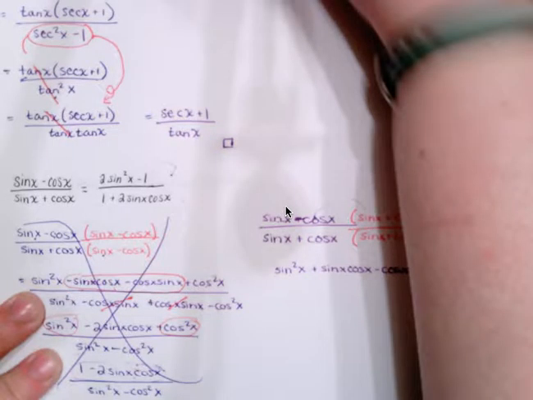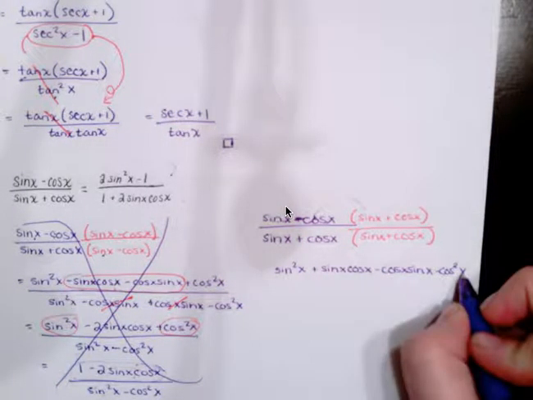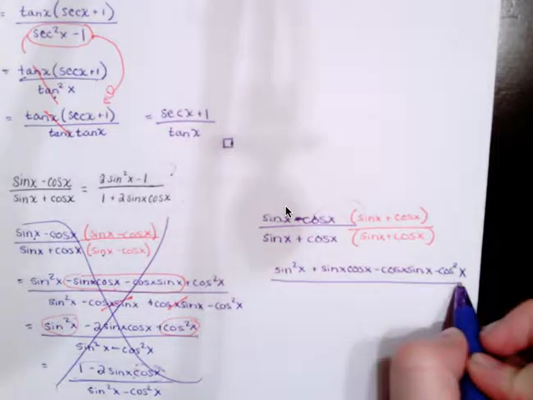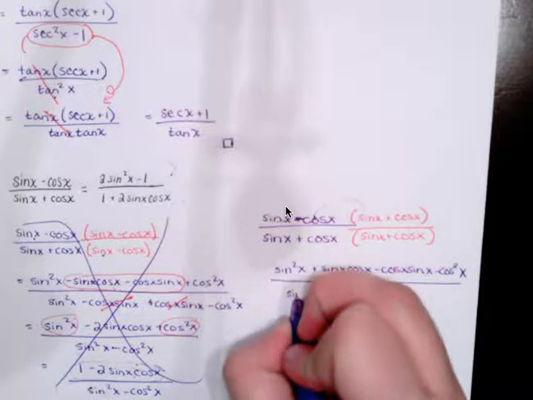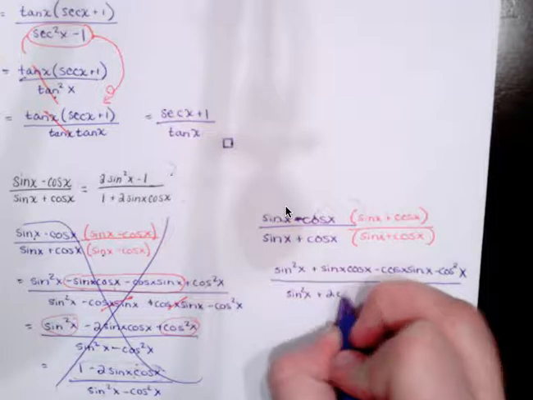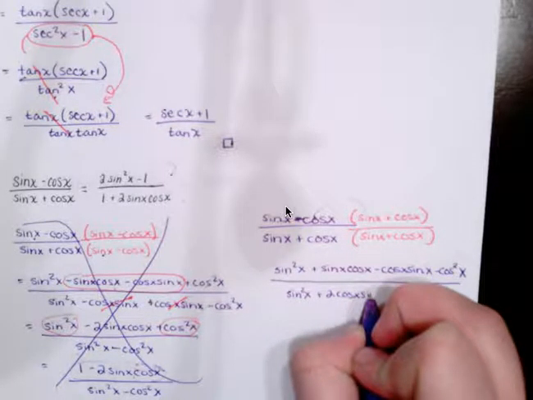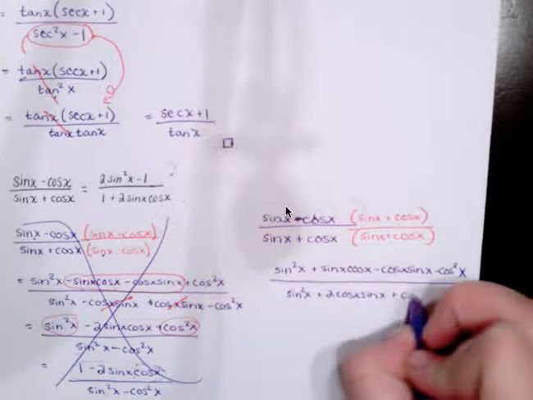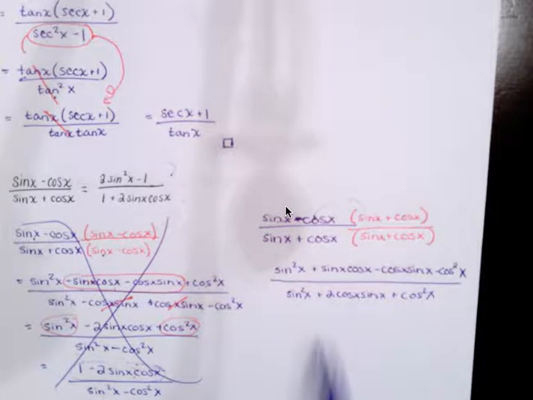Oop, you can't see that. Sorry. And then the bottom will now become sine squared x. I'm going to go kind of fast here. Plus 2 cosine x sine of x plus cosine squared of x. And all I did was FOIL that out. You guys kind of got used to that.